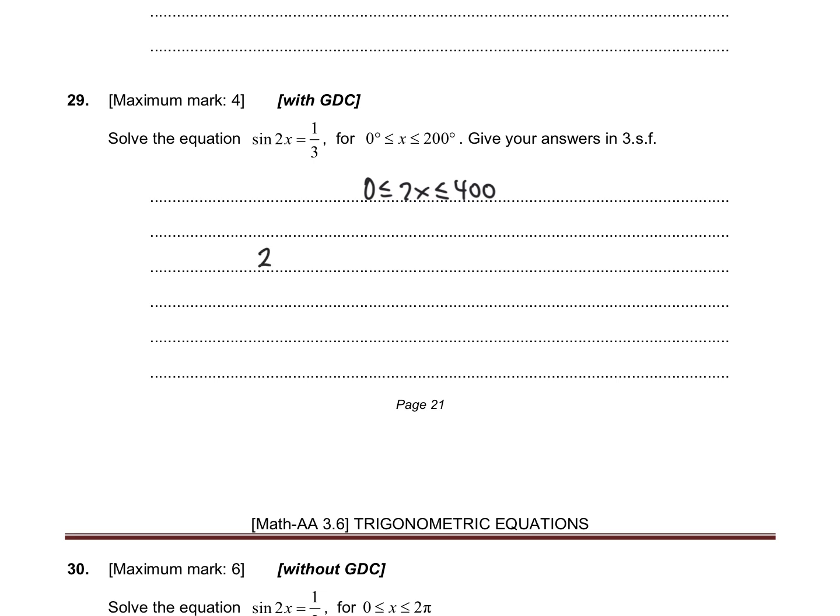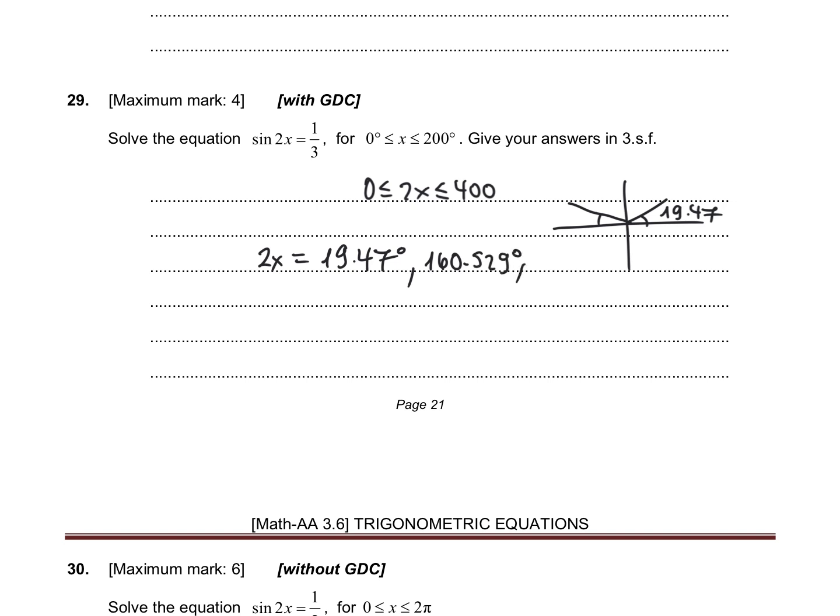we're going to have 2x equals, and when you do this in the calculator, you're going to get 19.47, okay? And that's going to be your reference angle over here. So that's one angle, and then we have 180 minus that thing, 19.47, which is 160.529.